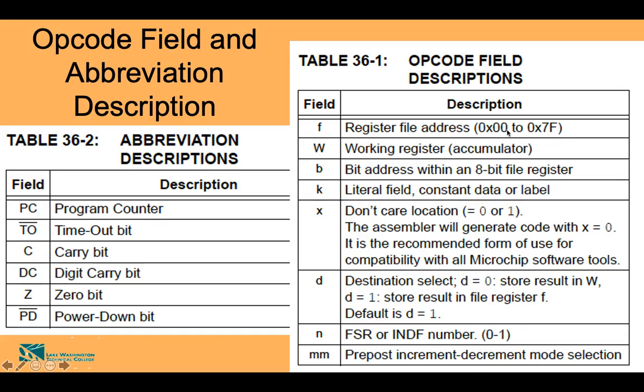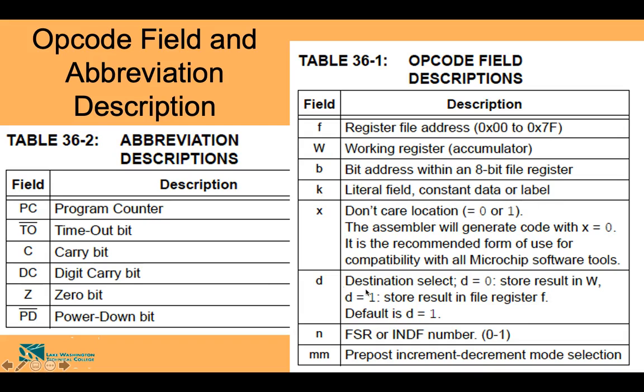W is the working register. B stands for a bit address within an 8-bit file register. K is a literal field, constant data or label. X is a don't care location, whether 0 or 1.